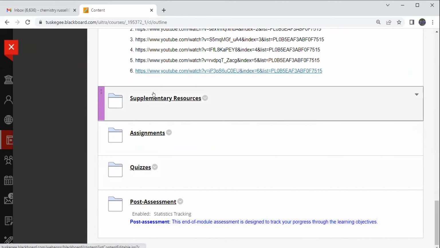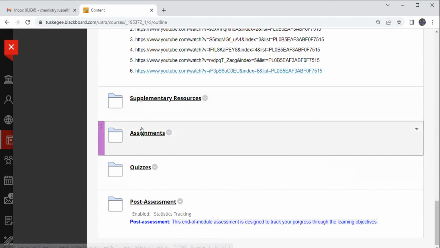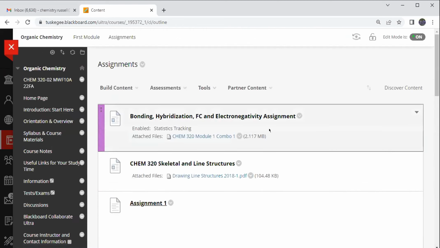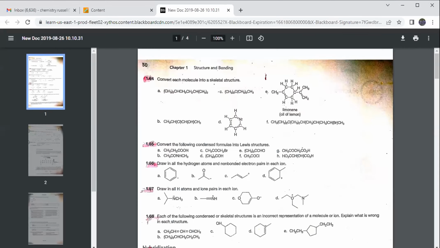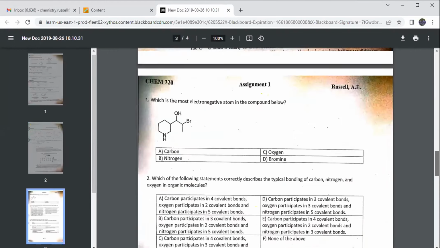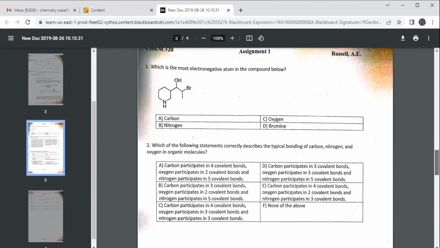Supplementary resources, there may be a handout or 2 that is not necessarily to be turned in, but just to help with what we're doing. And then here where it says assignments, that's where all the work is going to be. So I'm going to pull this one, because I think we can answer some of these questions now, especially here.